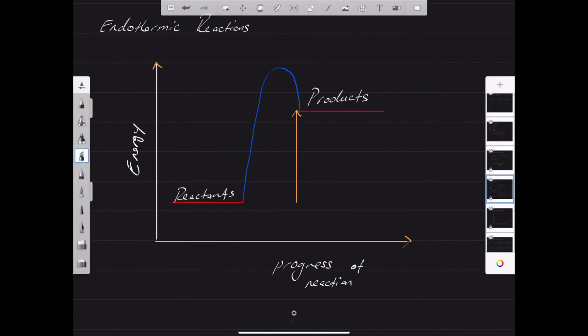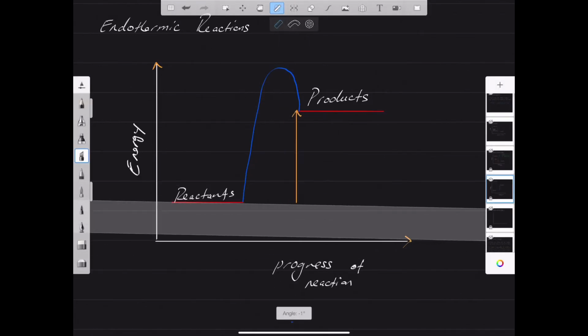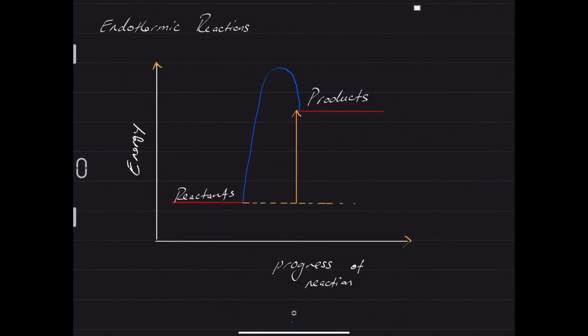So this arrow going from the reactants to the products, which is represented in yellow orange here, is showing the energy that is taken in from the surroundings. So this is why it is an endothermic reaction.